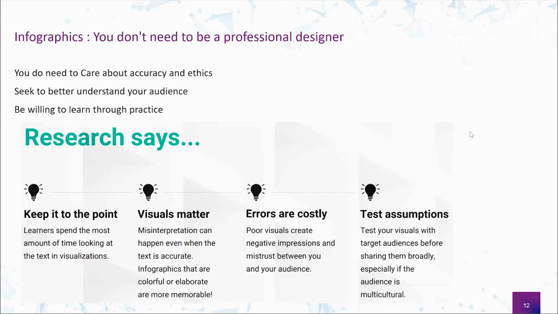But what you need to care about is the accuracy and ethics of it, because obviously any data can be presented in any way that might justify anything, right? Notoriously, anything nicely presented, people will believe it. So try to ensure your data is accurate as much as possible, and use it in an ethical way.